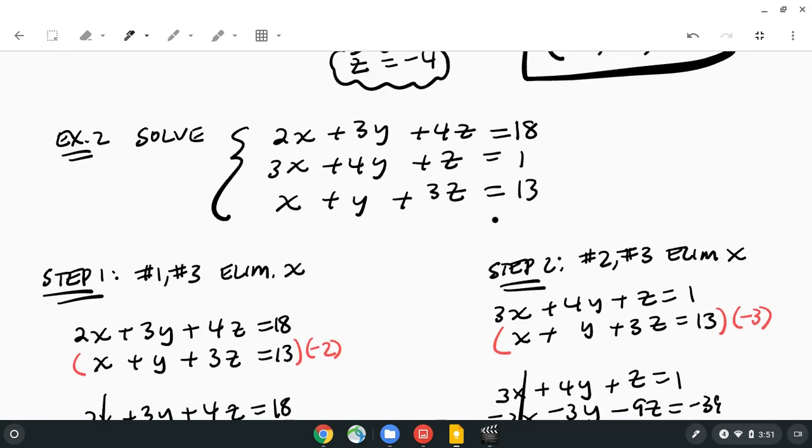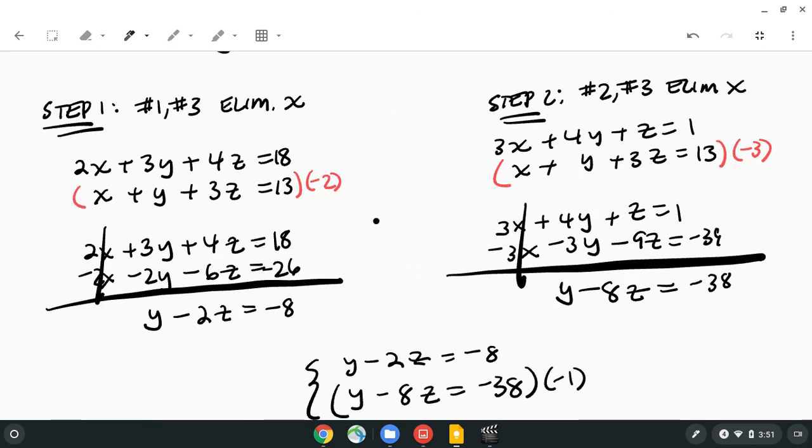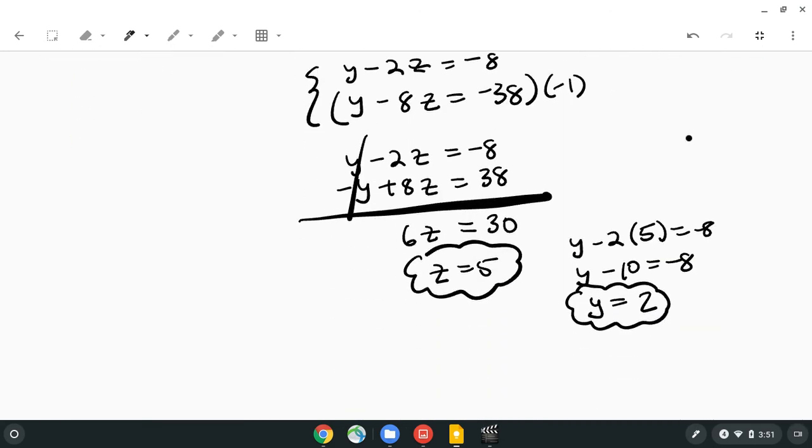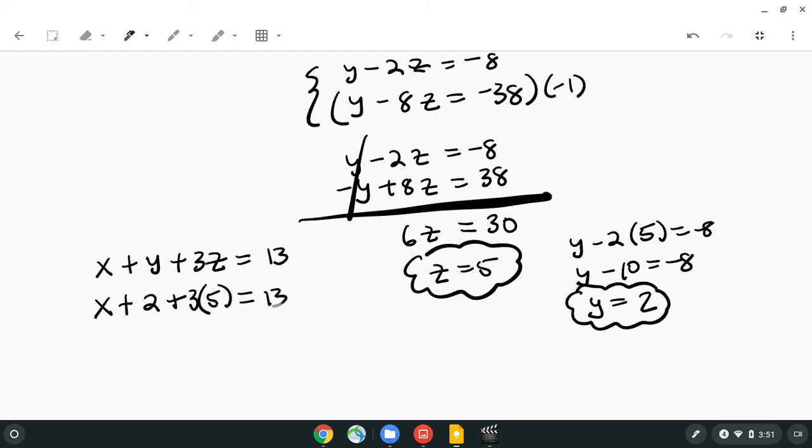I'm going to use the third equation: x plus y plus 3z equals 13. x plus, y is 2, plus 3 times 5 equals 13.